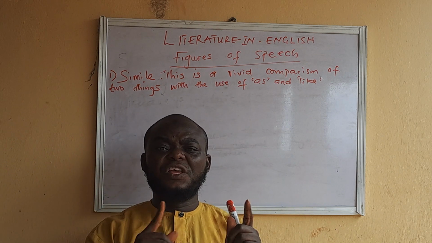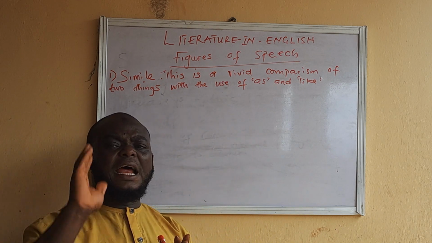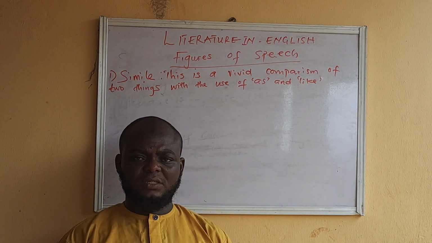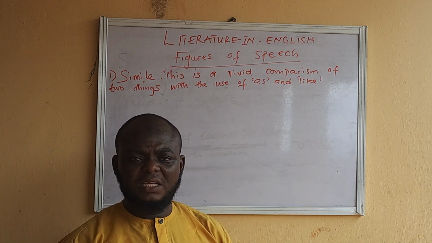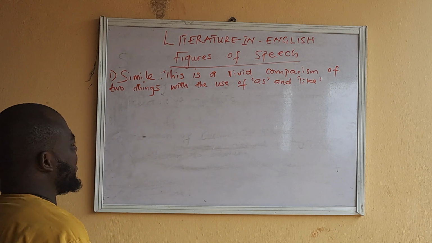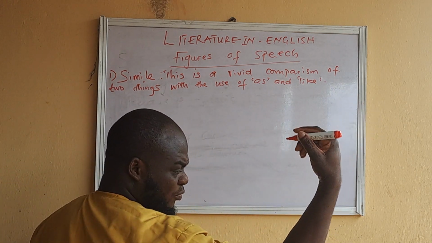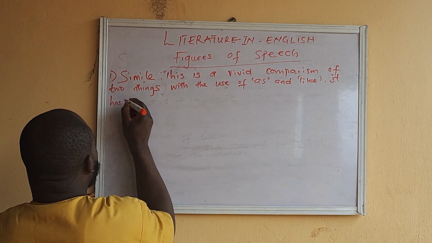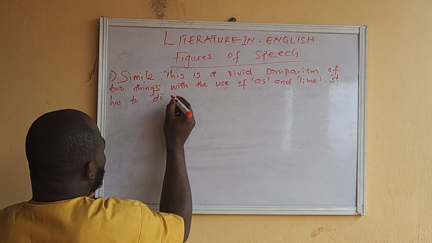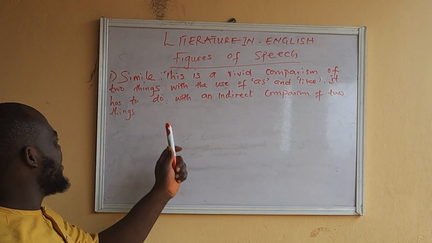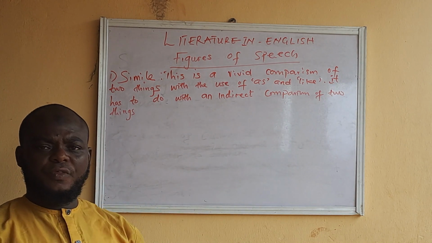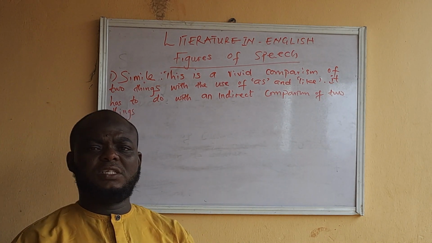When you are not being direct while making a comparison between two things, that is when we have our simile. So it has to do with an indirect comparison of two things.